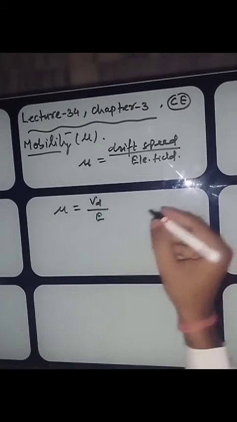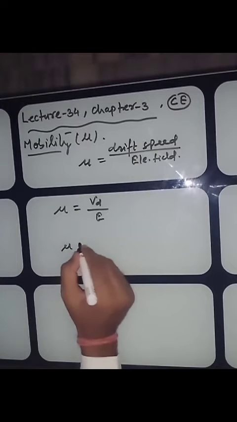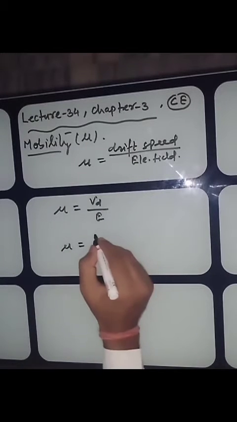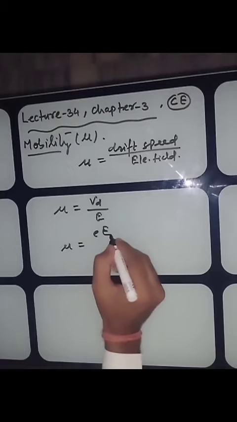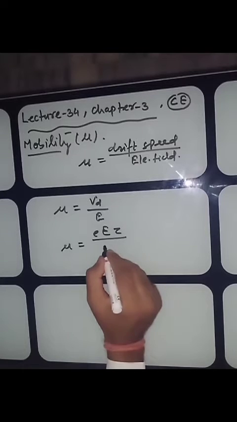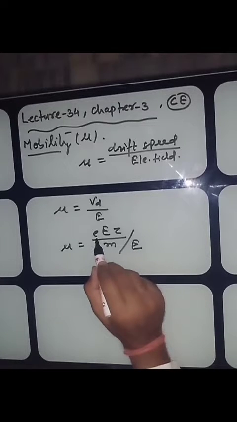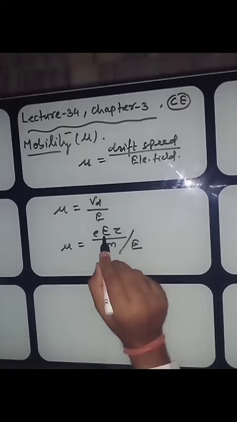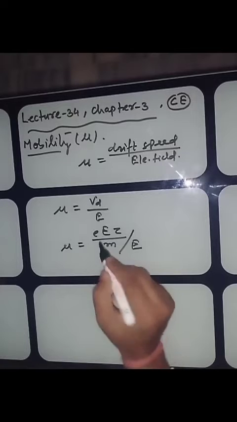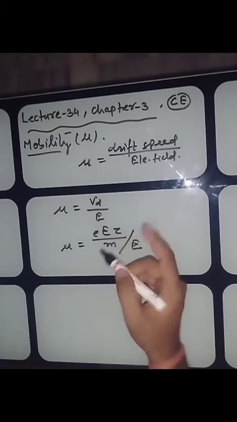Do you remember the formula of drift speed, my dear students? Yes, it was e tau by m, divided by this electric field. What was that e? The charge of an electron. E is the electric field in which the charge particle moves within the conductor.